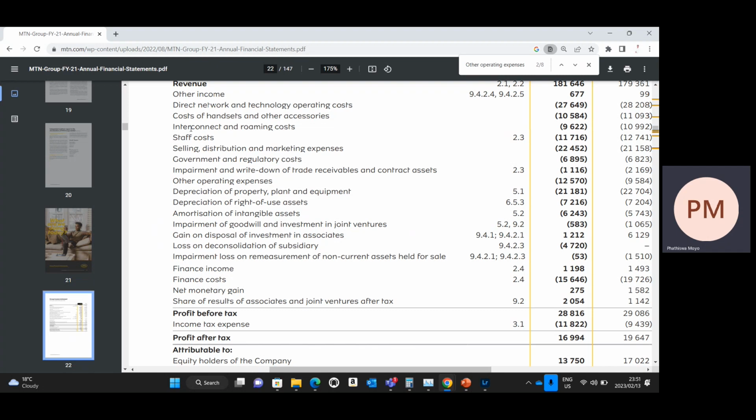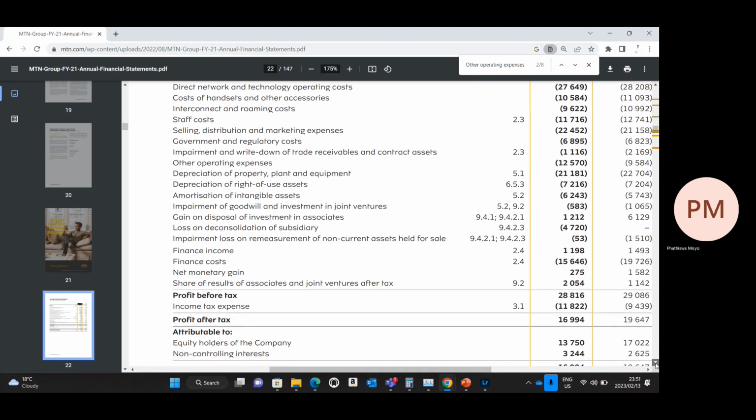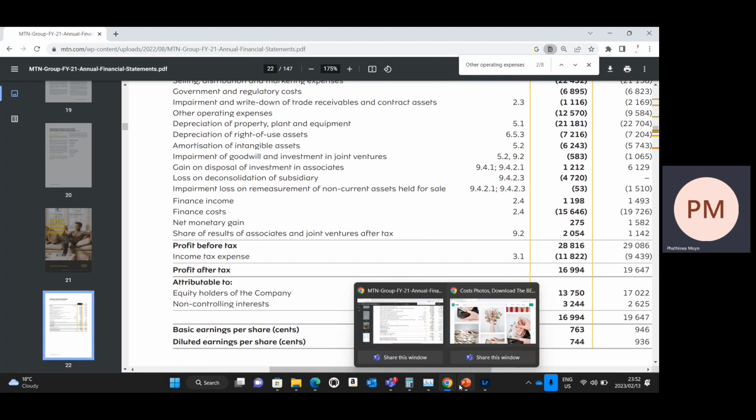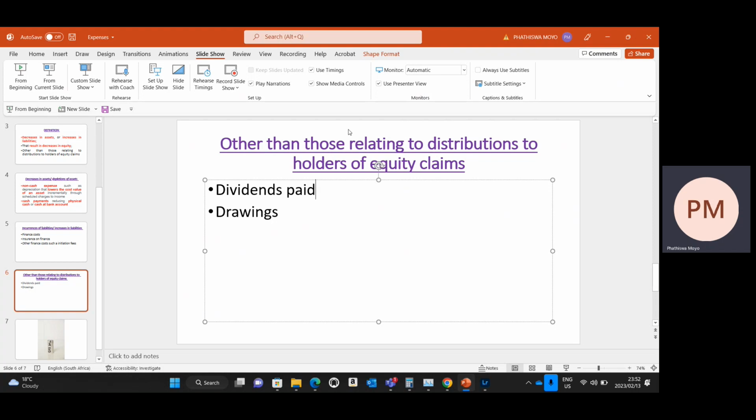I've explained all this, then less your expenses, and then at the end it talks about the profit after tax. And then the profit after tax, this is before equity is given to the shareholders of the company and to other shareholders that are a minority to the company. So that is other than those relating to distribution to holders.